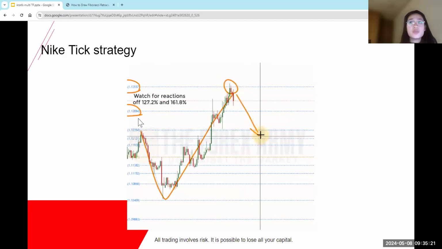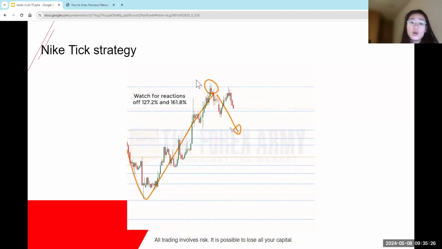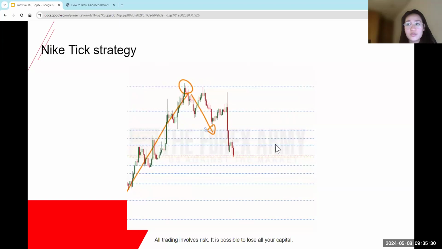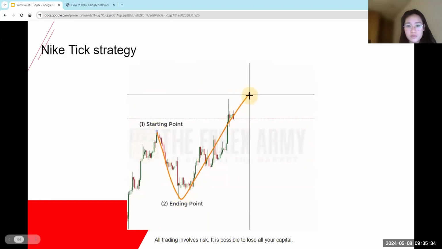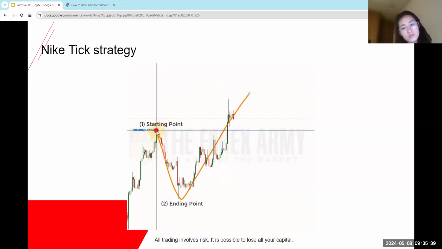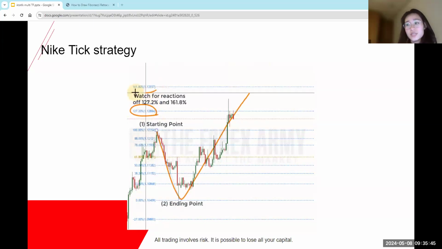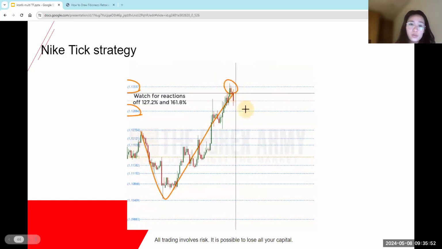If price breaks out of the 127.2, then you have confirmation that price is likely to reverse off the 161.8, like you see over here. The clearer the movement of the Nike tick, like if you can draw it out like this, the more accurate your analysis will be.